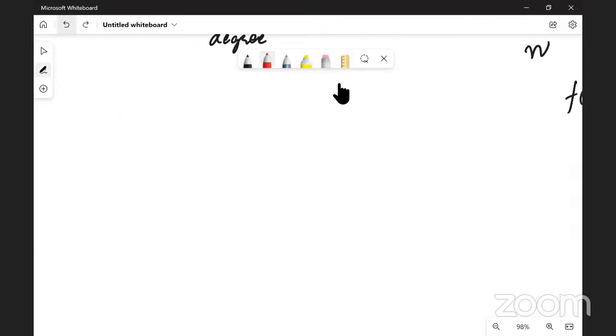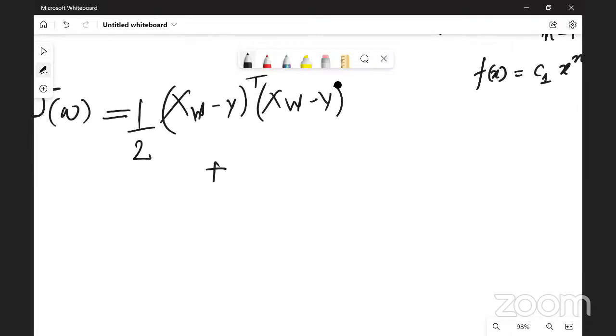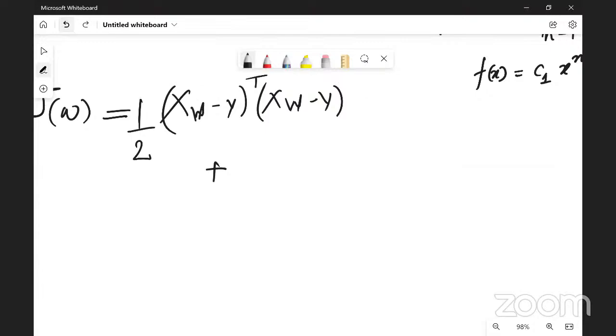So first I'll talk about ridge regression. This is how our model is represented: half of (XW minus Y) transpose (XW minus Y), plus, can we put some kind of penalty over here so that every time our optimization procedure tries to overfit the model, it pulls it back?